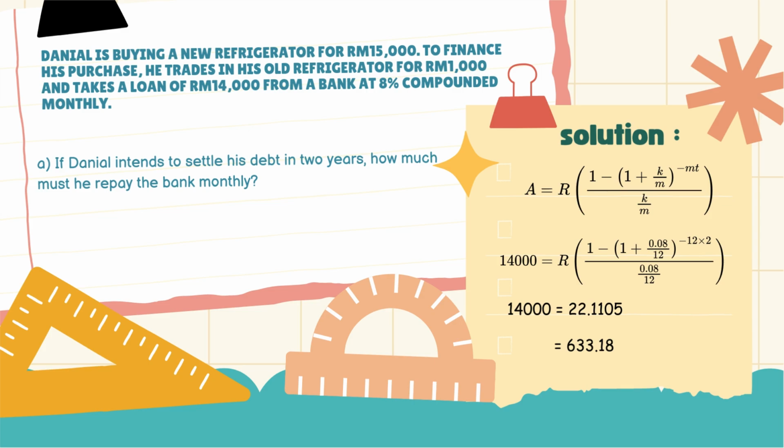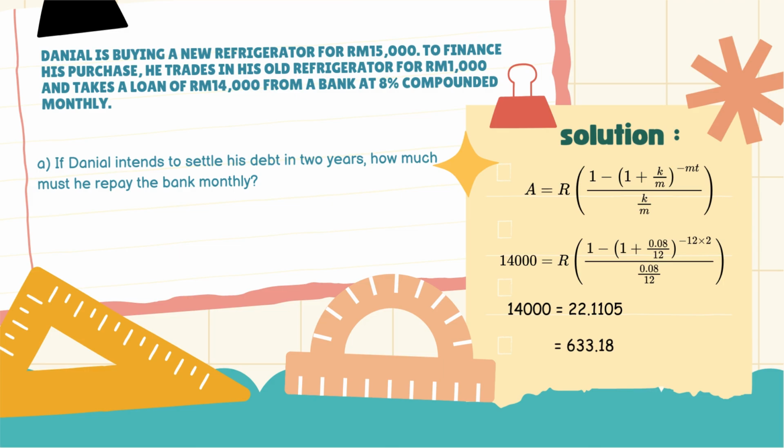So, in this question, we are going to use formula A equal to R in brackets 1 minus 1 plus k per m in brackets to the power of negative mt per k per m. So, A is equal to 14,000 ringgit, K is 0.08, M is 12, and T is 2 years.